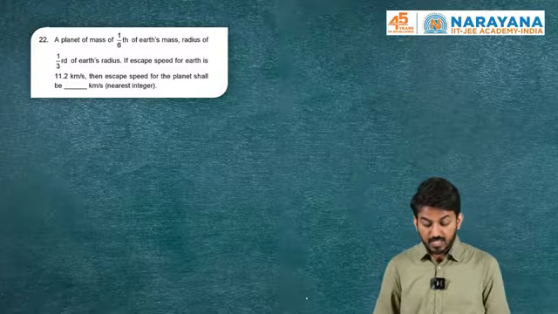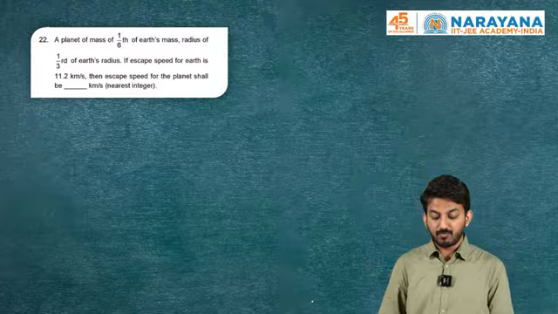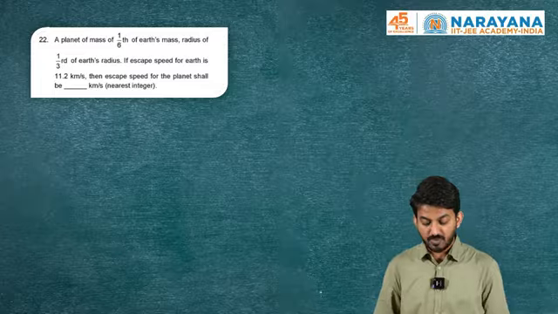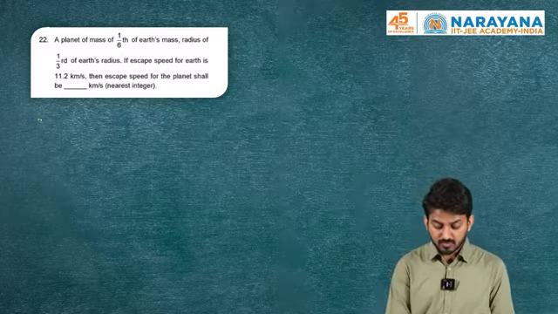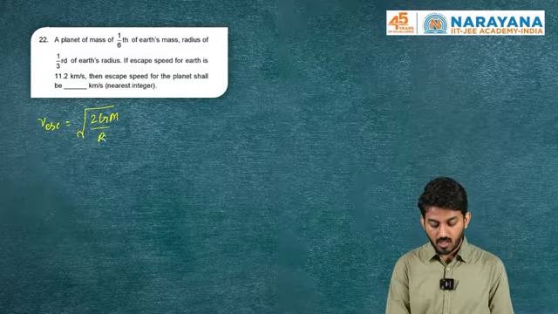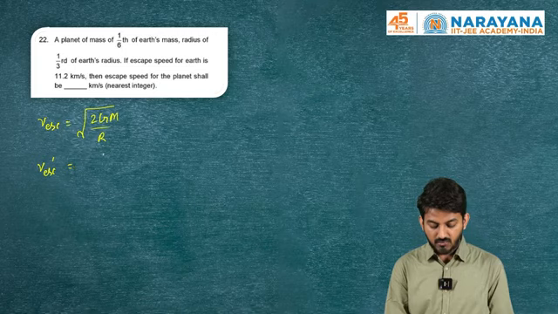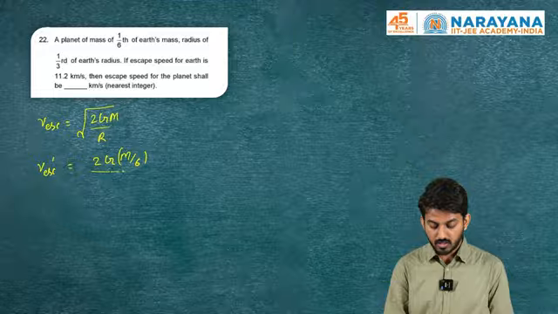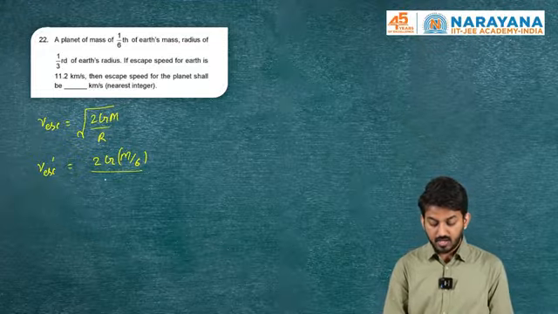Next, they are saying that we have a planet whose mass is 1/6 of the mass of the Earth and radius is 1/3 the radius of the Earth. They're asking for the escape speed. Now, V escape here is equal to root 2 GM by r in general. Now, V escape prime is going to be root 2 G, mass here is 1/6 divided by radius here is going to be 1/3.